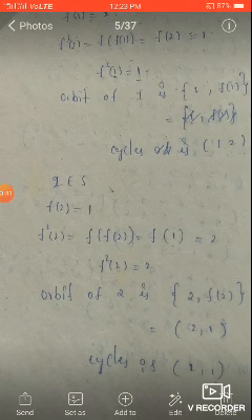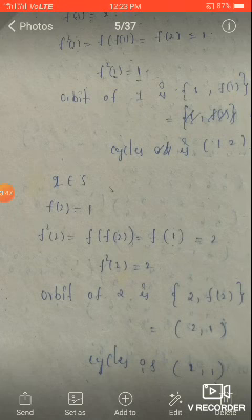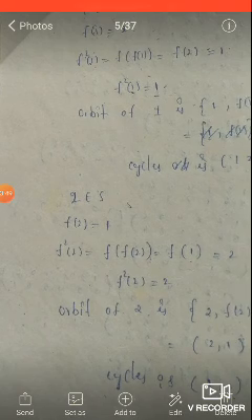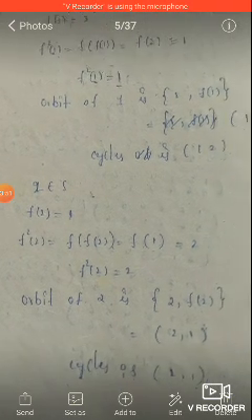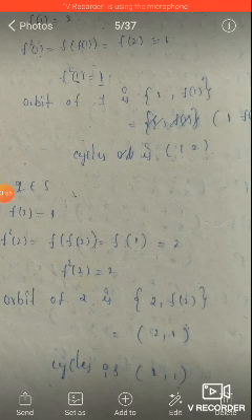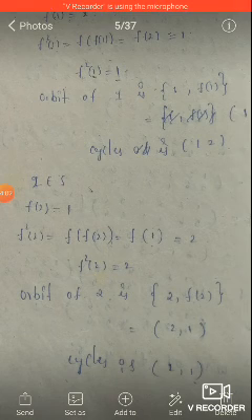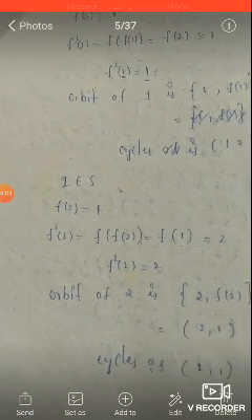The same element we got. That's why the orbit of 2 is 2, f(2), so the orbit is 2, 1. The cycle is (1 2), in brackets.